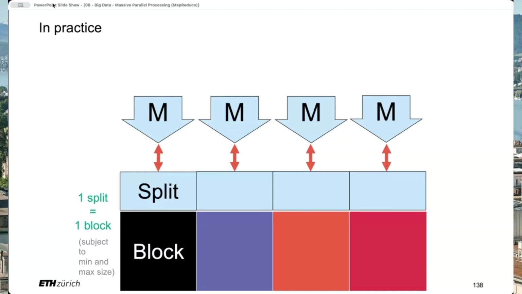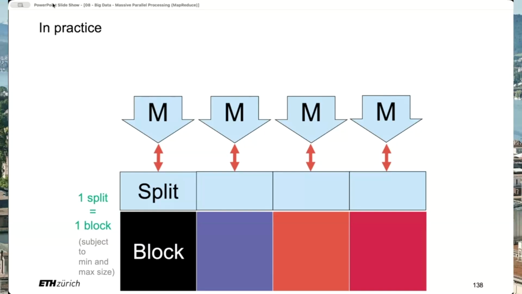HDFS doesn't care about the content of the blocks, it's just bits. So it counts 128 megabytes, end of the block, next block. But in MapReduce, a split is not just bits. A split is made of key value pairs. A split is just a subset of the key value pairs of your entire collection. Now, do you see the problem?